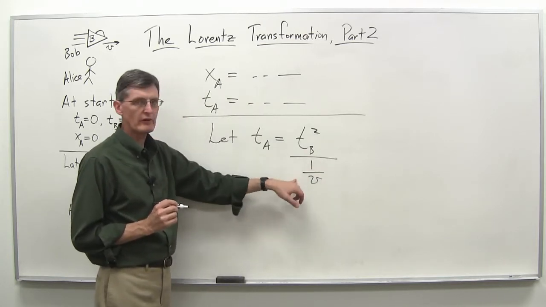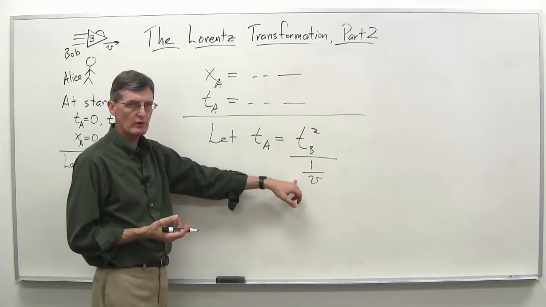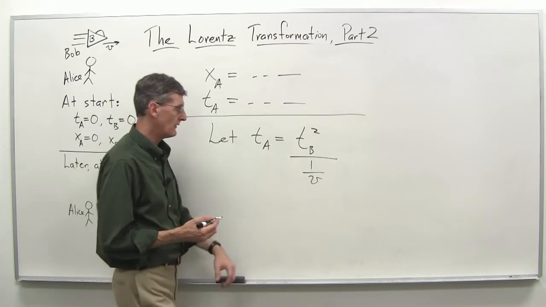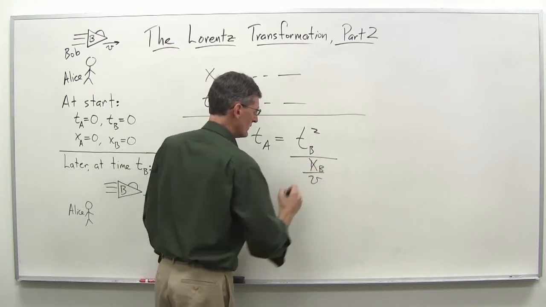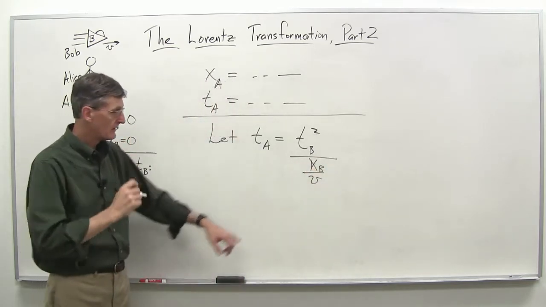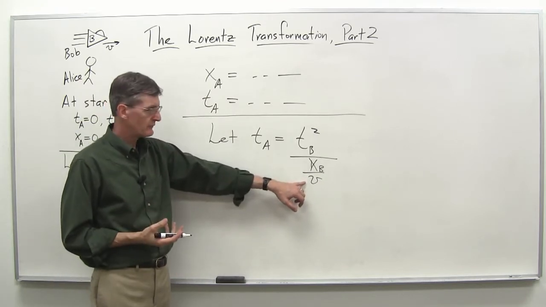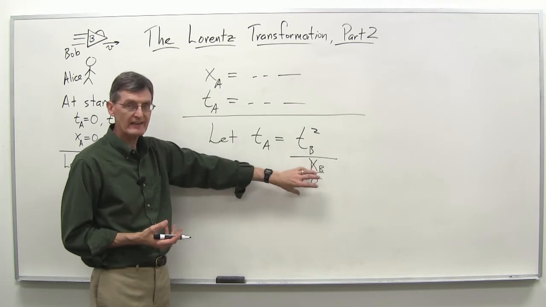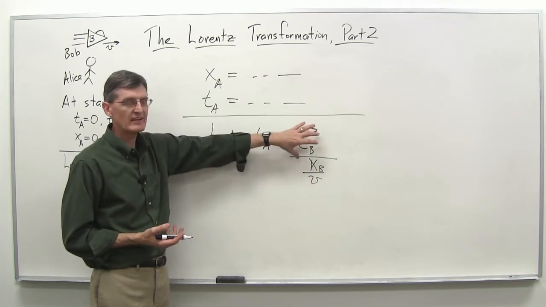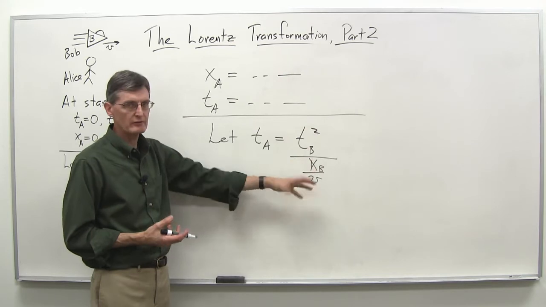So 1 over the velocity is seconds per meter, right? And then if I multiply that by, let's say, xb, so xb divided by a velocity, meters divided by meters per second, gives me units of seconds down here. I've got seconds squared on the top, so the whole thing turns into seconds.